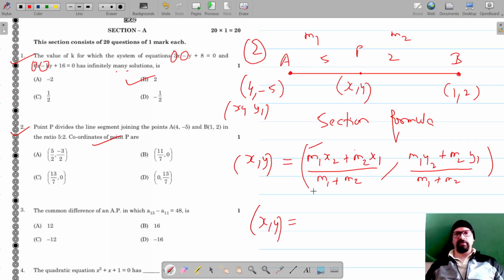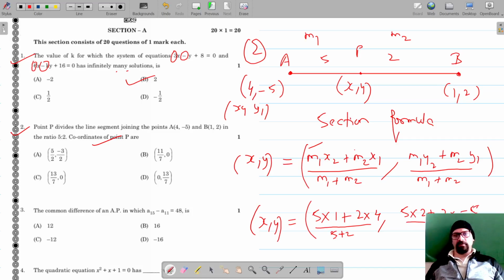The value of m1 is 5. So I'm going to replace the values. X2 is 1 plus m2 is 2, x1 is 4, divided by m1 plus m2, which is 5 plus 2. These are the coordinates of x. For y, m1 is 5, y2 is 2, plus m2 is 2, and y1 is -5.